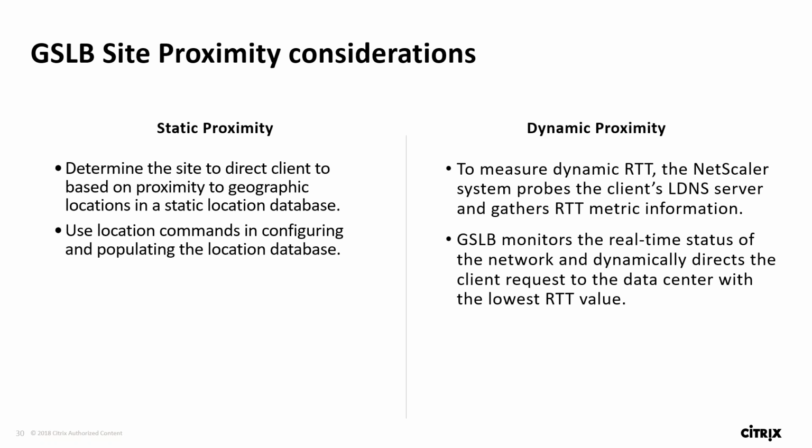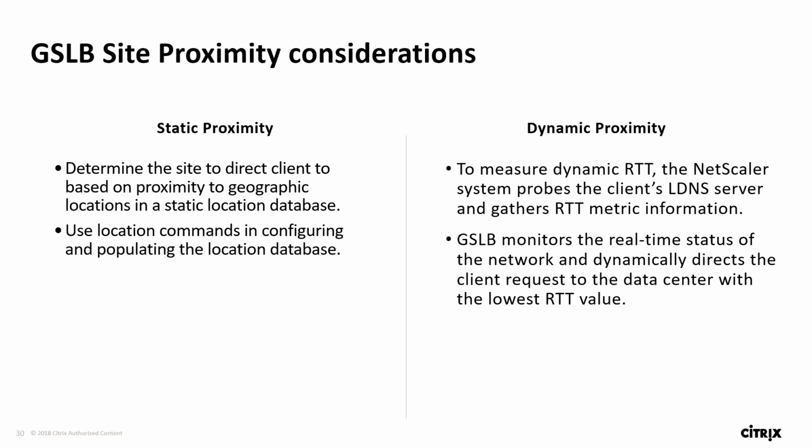Another consideration is proximity. Now, proximity has two settings. You can set up a static proximity or a dynamic proximity. Static proximity determines the site to direct the client to based on proximity to geographic locations in a static location database. We use commands in configuration and population of the location database to set up static proximity.